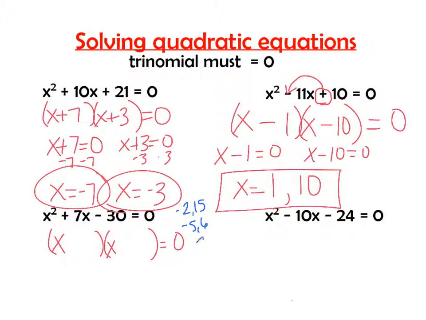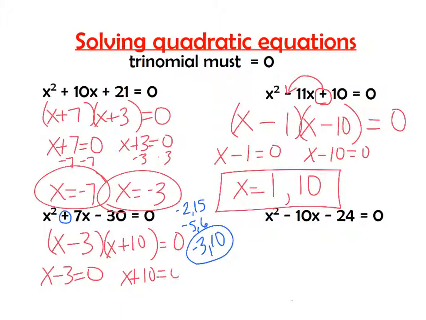Doesn't work. 3, this is the one, 3 and 10. Now think about it, I want it to be a positive 7, so I'd want my 3 to be negative. There's my positive 7. Okay, got it. So then I'm going to finish it out. Minus 3 plus 10. Set those each equal to 0. X would be 3 or negative 10.